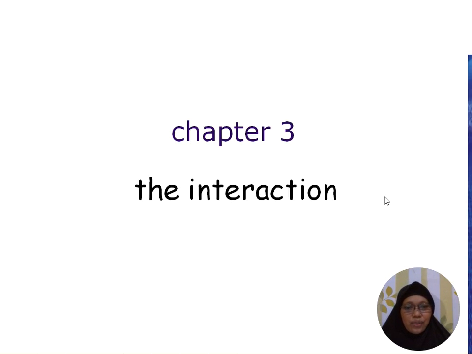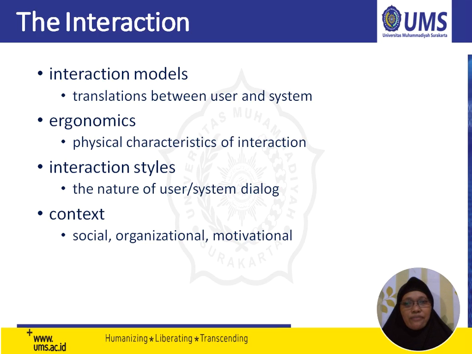This chapter we will learn about the interaction. We have four subjects with explanations about the interaction. The first one is the interaction model, which is the translation between the user and the system.